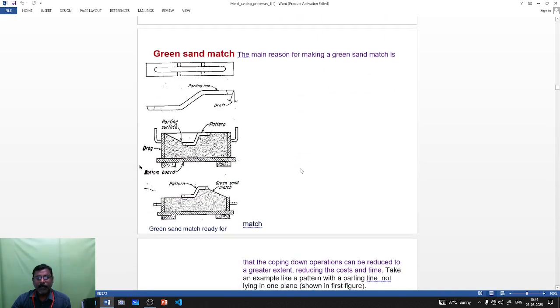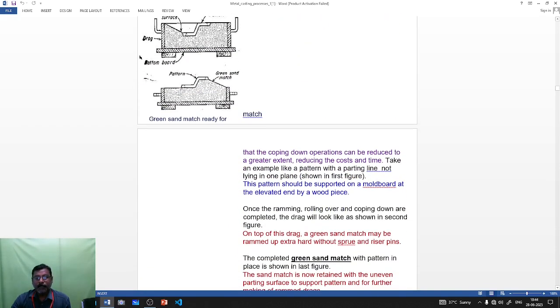Then green sand match, so that the follow board operation can be reduced to a greater extent, reducing the cost and time. Take the example of a pattern with a parting line not lying in one plane. This pattern should be supported on a mold board at the elevated end by a wood piece.